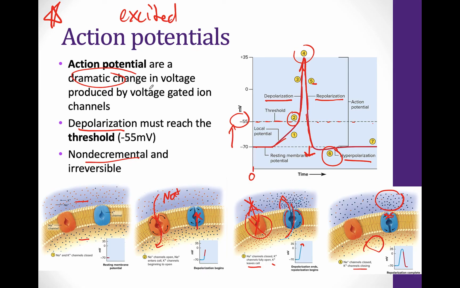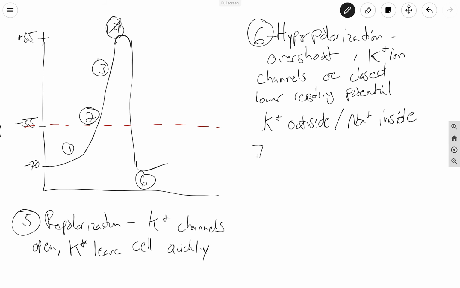potential. All right, the last step that's going to happen is we're going to resume resting membrane potential, and we're going to do that through the help of the sodium-potassium pump, just like we did originally at resting. So step 7 is we're going to come back up to this resting membrane potential.